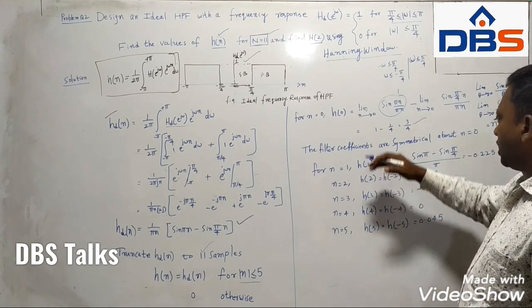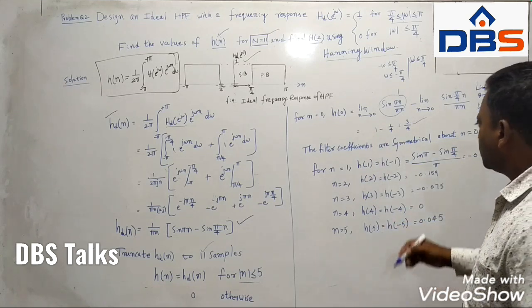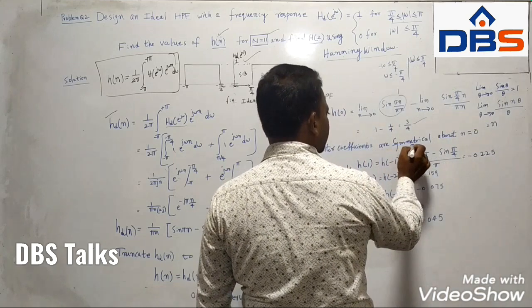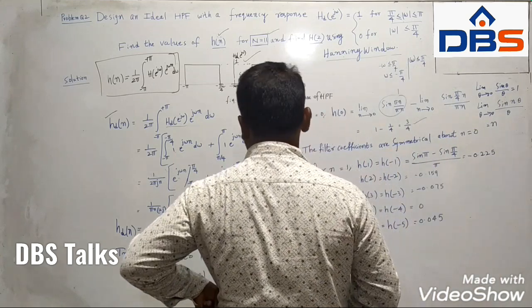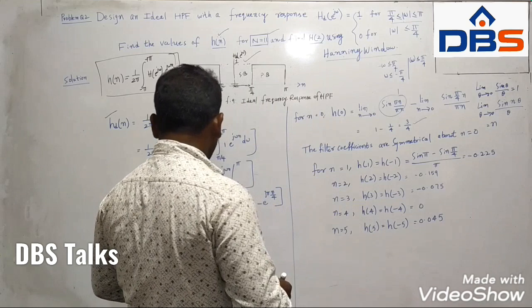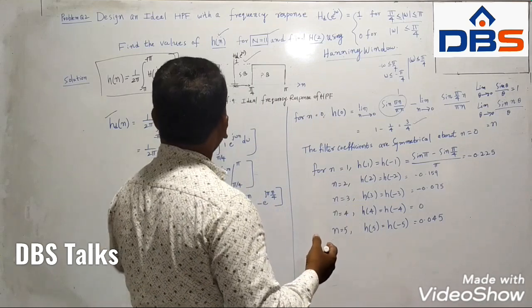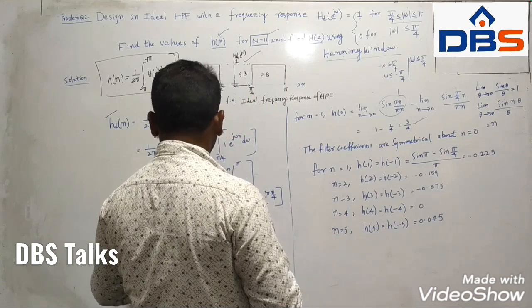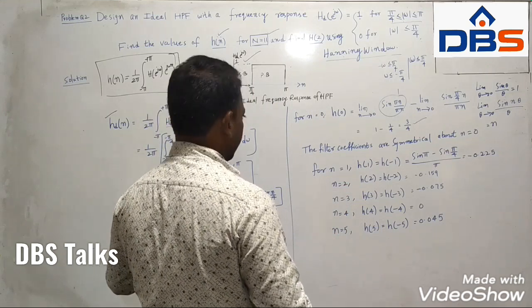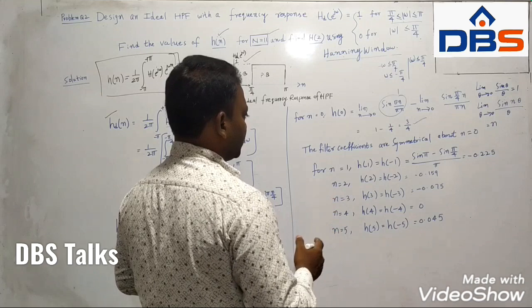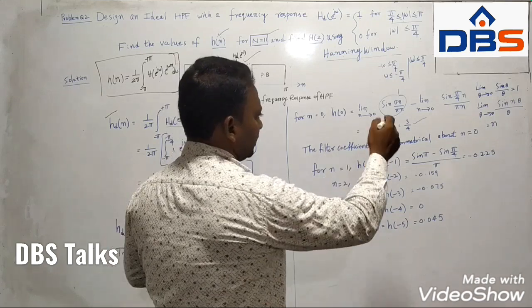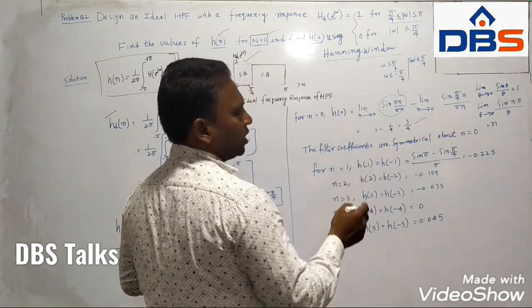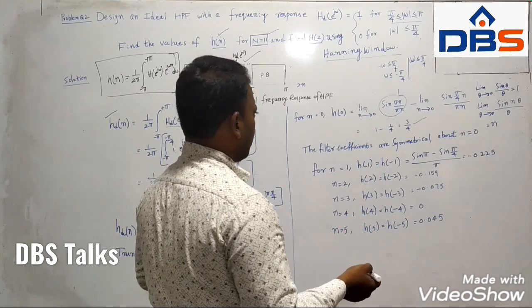Now coming to the remaining filter coefficients. The filter coefficients are symmetrical about n equal to 0, because we have high pass filter characteristics. All the coefficients of hd of n and h of n are symmetrical about n equal to 0, that means the origin.